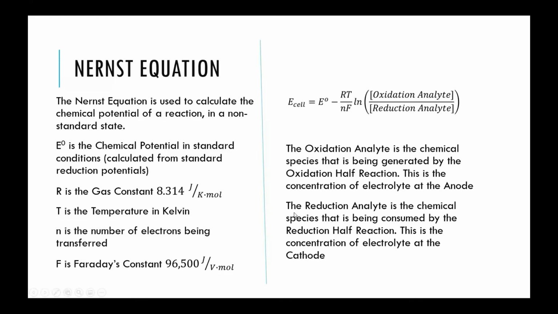So depending on the reaction itself, this will vary, times Faraday's constant, which is 96,500, times the natural log of the oxidation analyte divided by the reduction analyte. And what these two terms are is the top number, that oxidation analyte, that is the concentration of what's being generated by the oxidation half reaction.